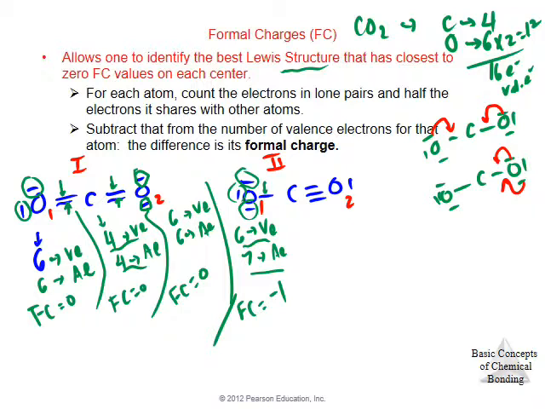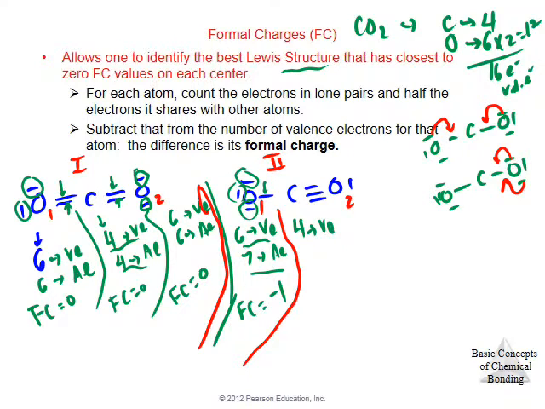Now let's work on carbon. I think I should use a different color. Okay, the formal charge is -1 for this, and now let's try with carbon. Again, valence electron for carbon is 4, 2s2 2p2, the 4th element in the second row. So carbon has 4 valence electrons.